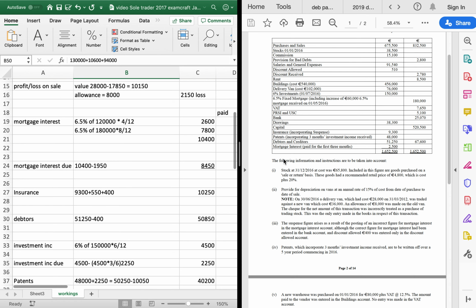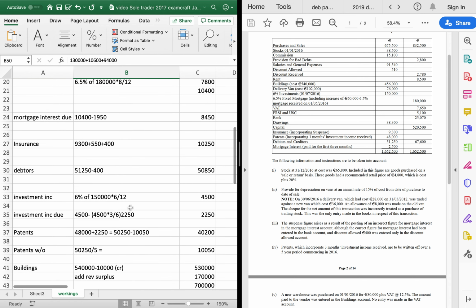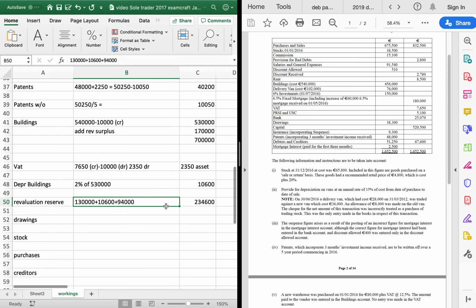What is buildings? Sorry, I'm looking at the wrong number. I think 540 and 496 is... 540 and 456. Is that 94,000? Add on the 130.